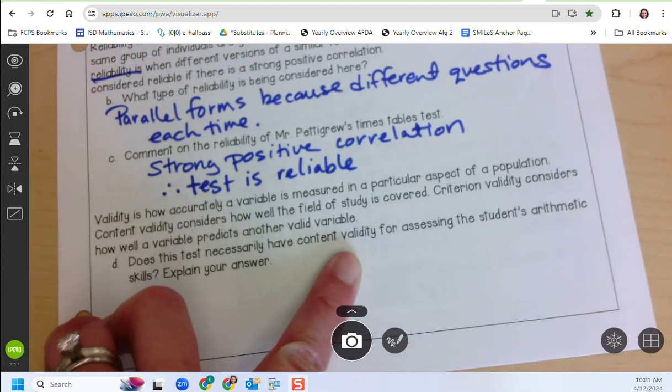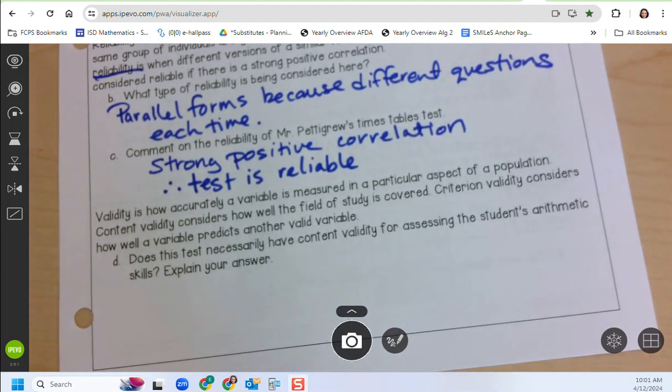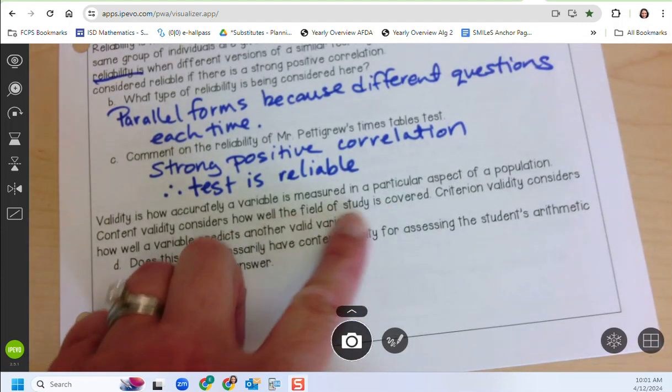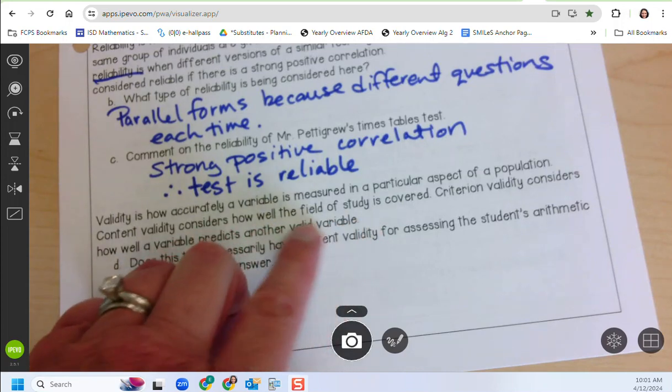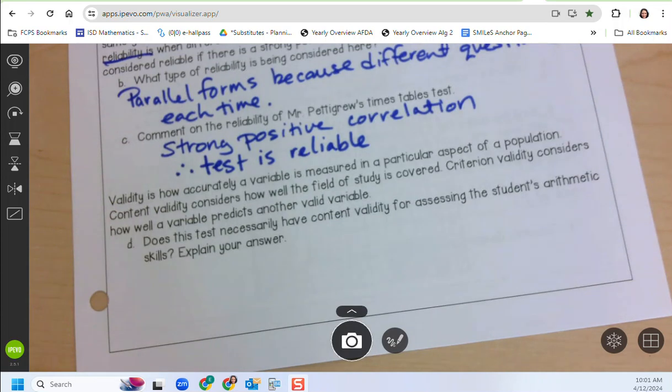So would you say that this test on multiplication facts has content validity for elementary mathematics? How well does it cover that field of study? If I know somebody knows all their multiplication facts, do they know all of elementary mathematics?